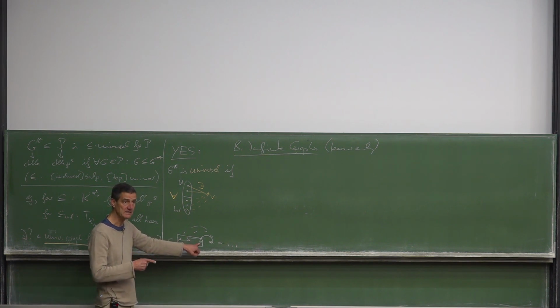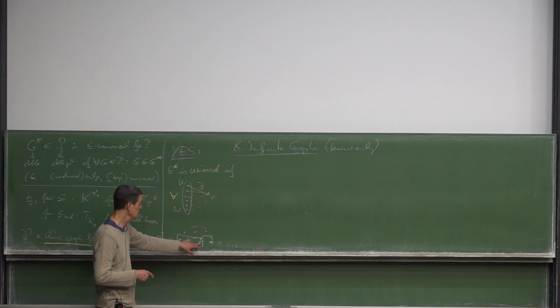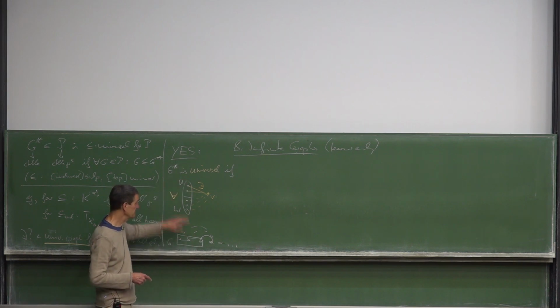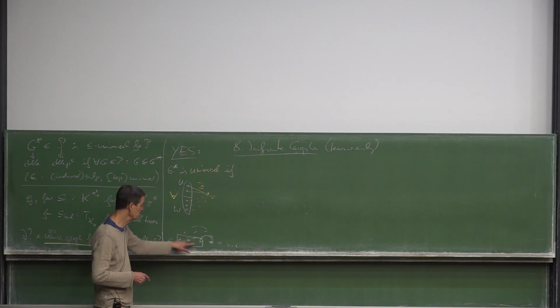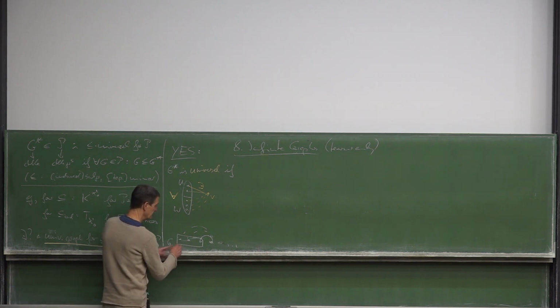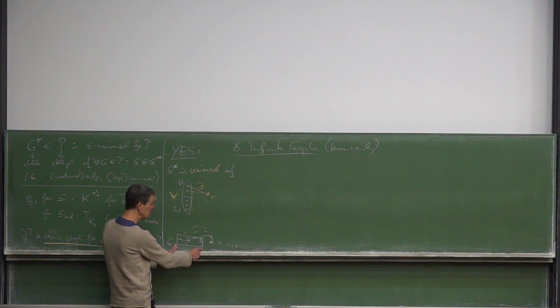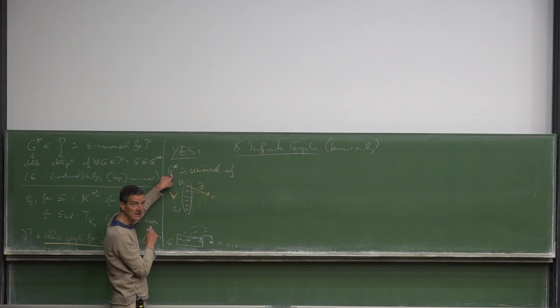So when I say embedded, I mean we have defined an injective map from the vertices here to the vertices of G star that preserves adjacency and non-adjacency. So suppose we've embedded this finite little initial segment of the vertices of our arbitrary G. Then let's look at the next vertex. It has some neighbors in there, and it has some non-neighbors in there. Find their images in our G star.